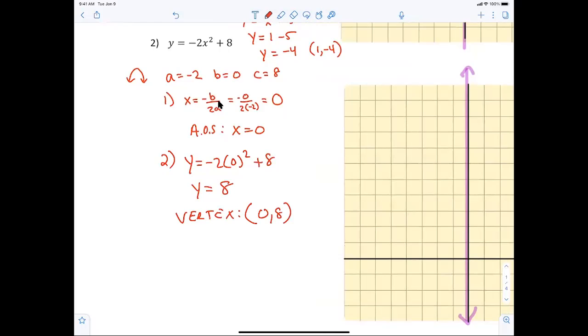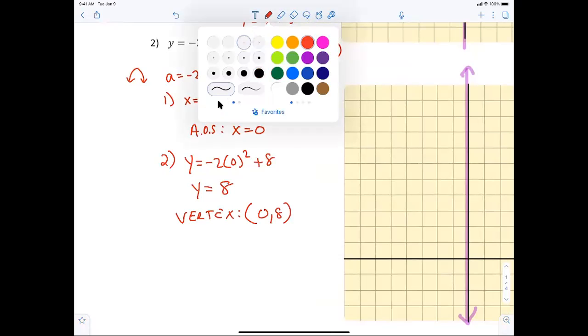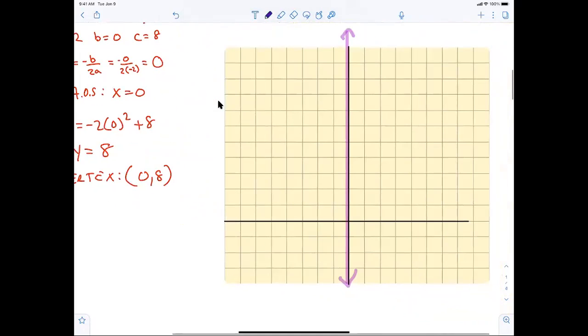So now everybody graph 0, 8. 0, 1, 2, 3, 4, 5, 6, 7, 8. All right. That's the vertex. And this is the axis of symmetry.